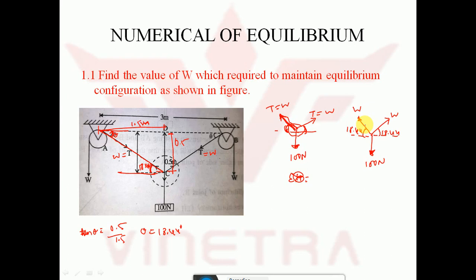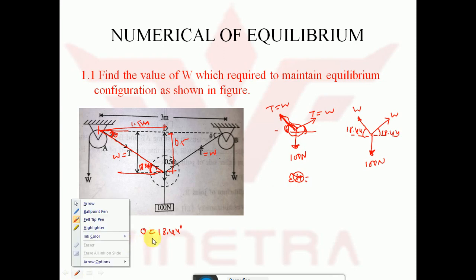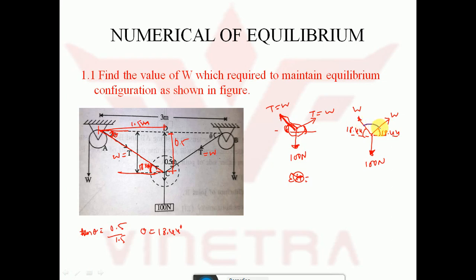So 180 minus 18.44 minus 18.44, this angle will be equal to 143.12 degrees.